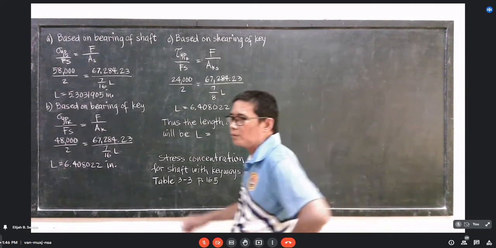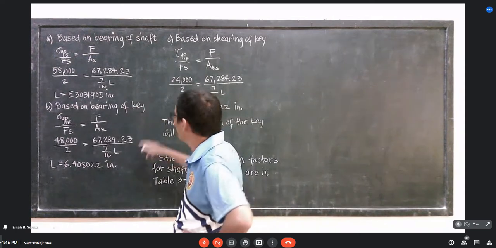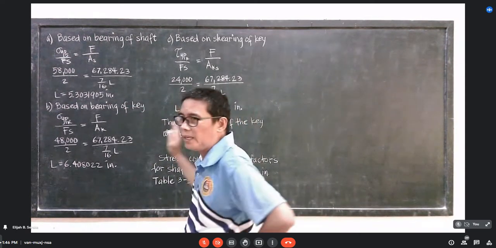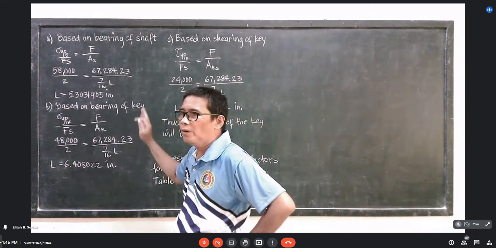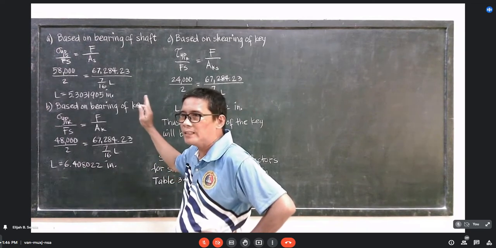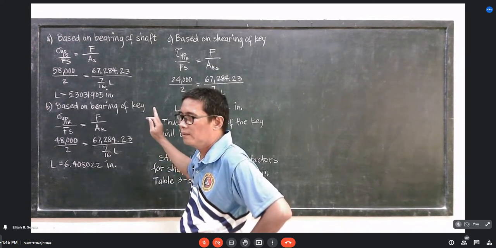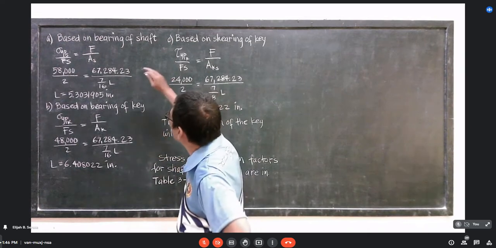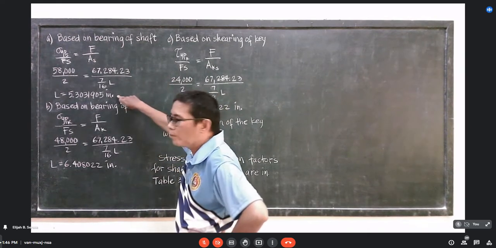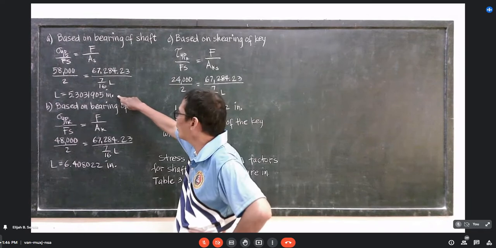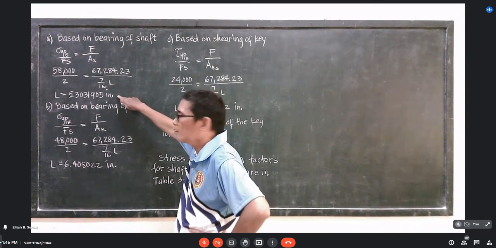So we have actually computed different lengths of key for the different analyses of stresses. If you base it on the bearing of the shaft, it will require this much, 5.3031905 inch.